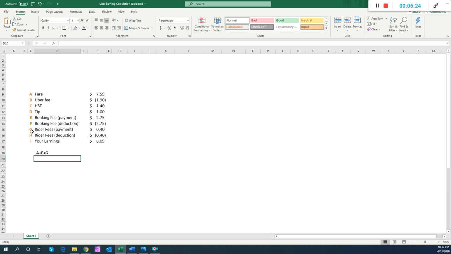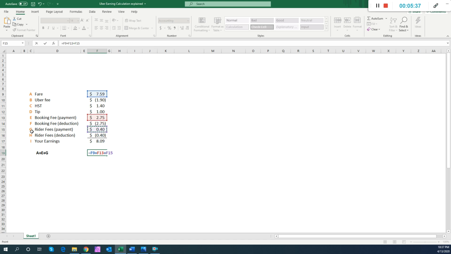Let's do the calculation. A plus the booking fee plus this amount, and then this amount multiplied by 13% gives 1.40. So now you got it.